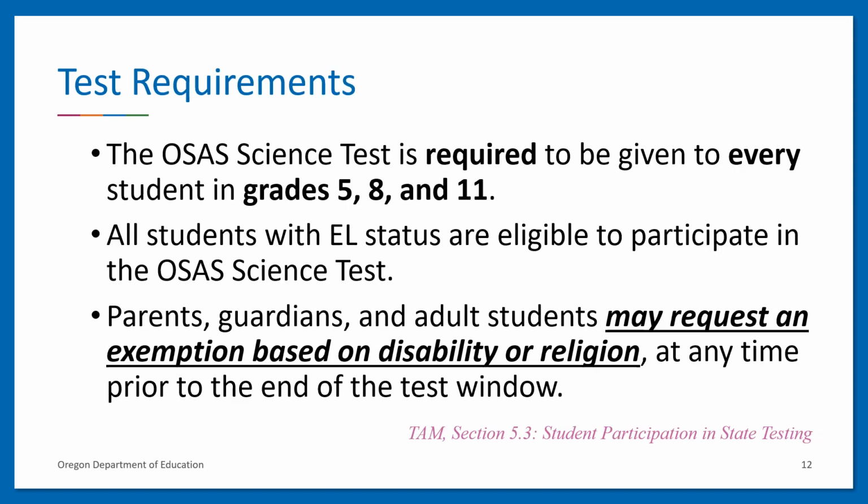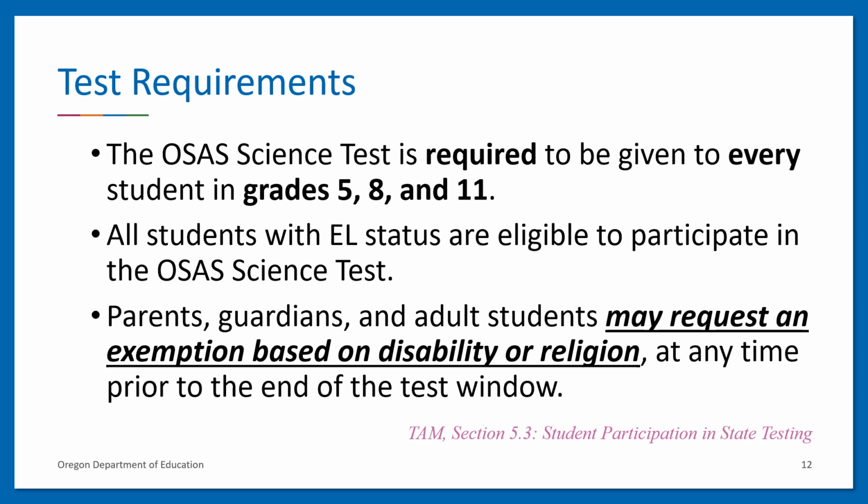Students in grades 5, 8, and 11 take the OSAS science test with the expectation that at least 95% of students participate. This requirement is the same as previous years. All students with EL status are eligible to participate in the OSAS science test. The science test does not have an opt-out.